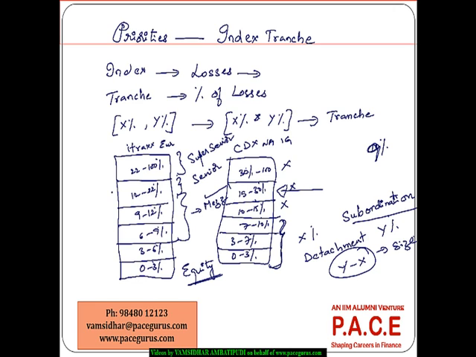Super senior tranches are much safer compared to senior, then mezzanine, then equity. Equity tranches are the ones that absorb the losses first. So this 0 to 3 I can call the equity tranche, and as I keep moving up, the topmost could be a senior or super senior tranche, and the ones in the middle are called mezzanine tranches.